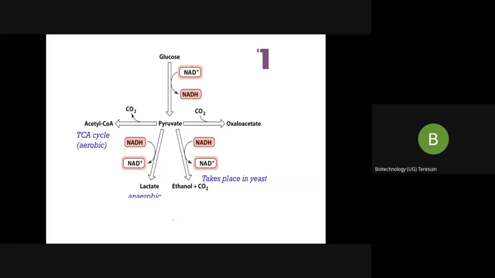If you remember our glycolysis, the sixth step. See this step, if you remember, in the payoff phase, glyceraldehyde 3-phosphate is getting converted to 1,3-bisphosphoglycerate. So what is happening here?